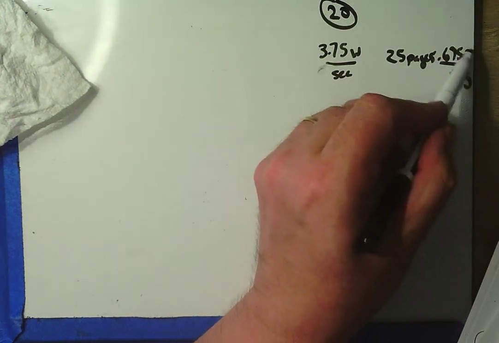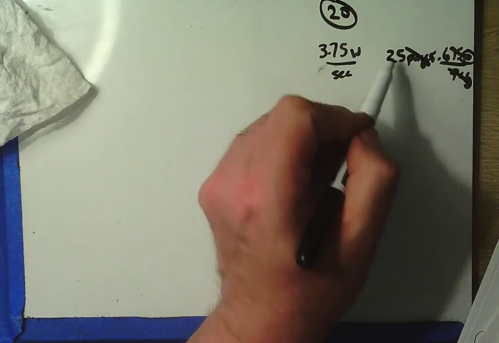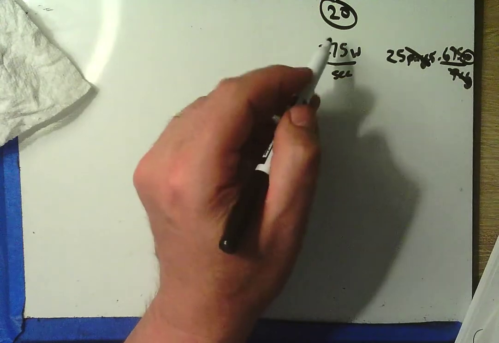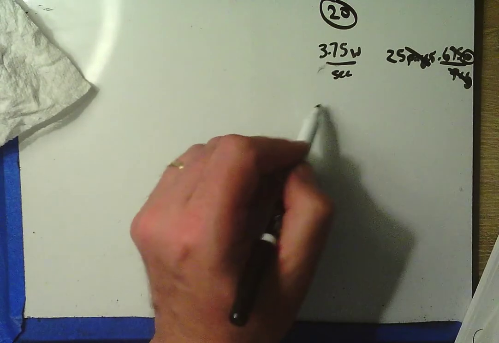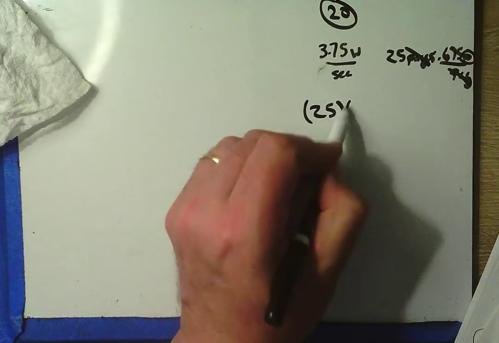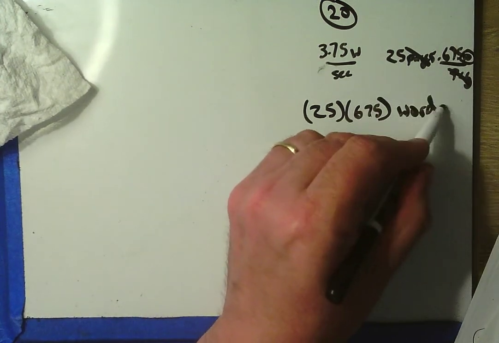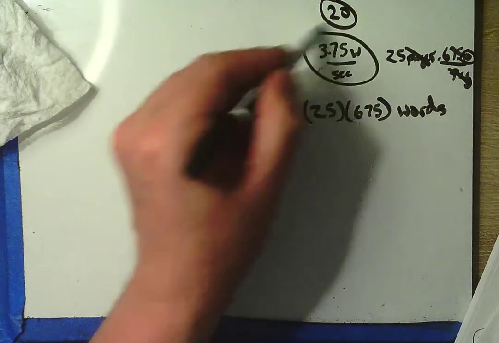Well, let's find out how many words there are by multiplying 25 times 675. Let's say that's the total number of words, 25 times 675 words. But I see here this rate.